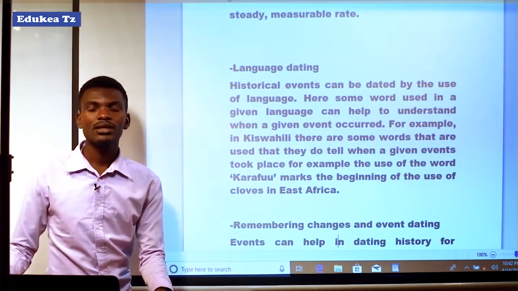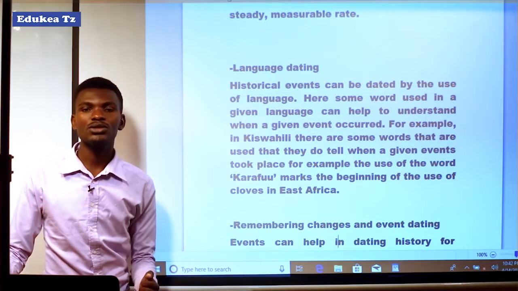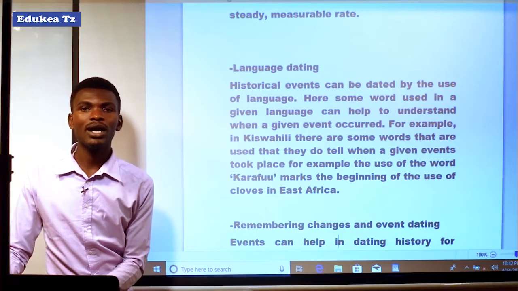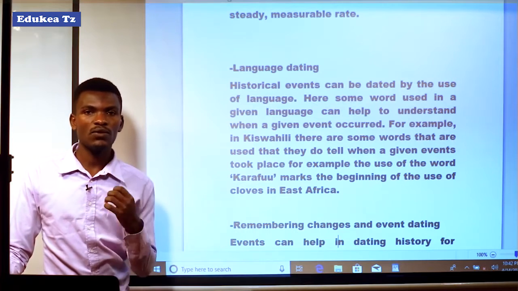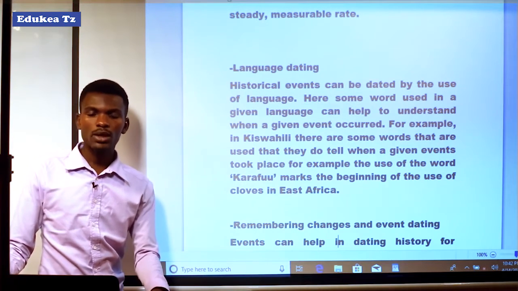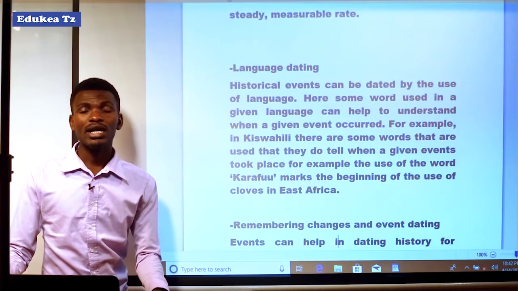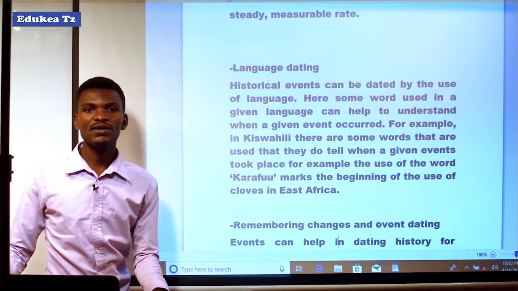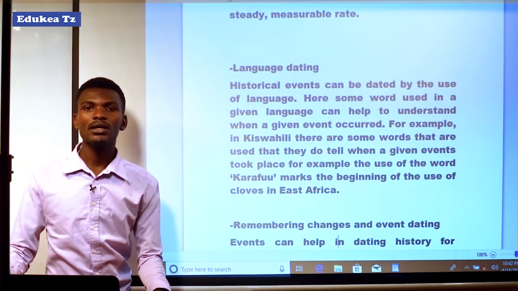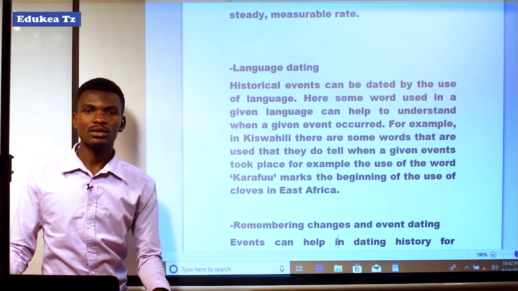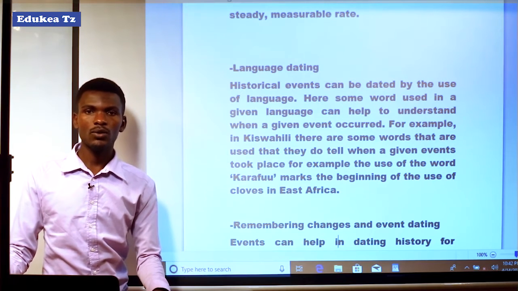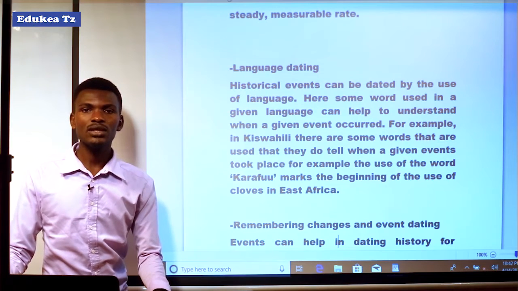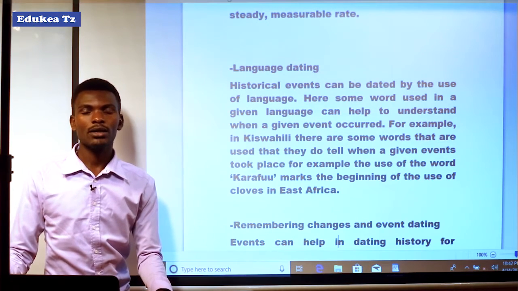It means that there is the use of language in dating. Specifically, we use some words which occurred in a certain period of time. For example, the word karafuu occurred in East Africa after the arrival of the Sultan from Oman in 1840, when Sultan Said from Muscat, Oman, shifted his capital to Zanzibar.